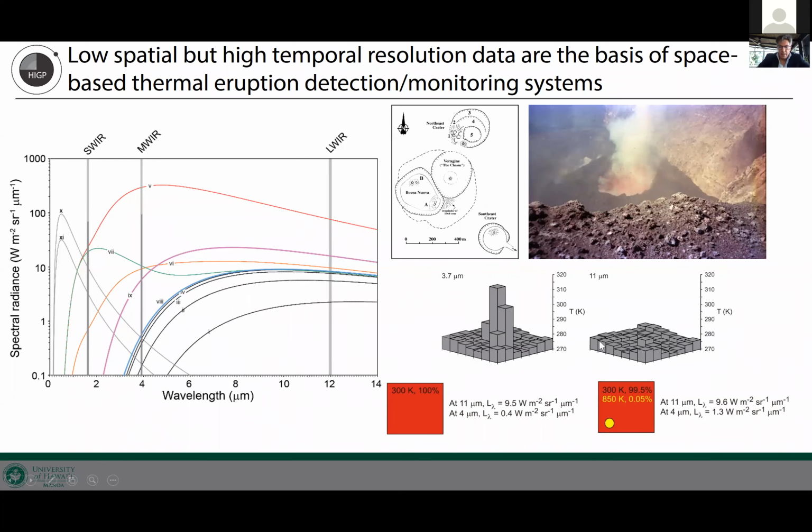And that might be this pixel here, down on the flanks of Mount Etna, so I just get that value. If I then add a small hotspot, I get curve number 7. So if I take something at 1000 degrees C, about 30 meters in diameter, and I add it to a pixel, so let's say 300K here, and then I add something this size to a 1 kilometer pixel, I get this green curve.